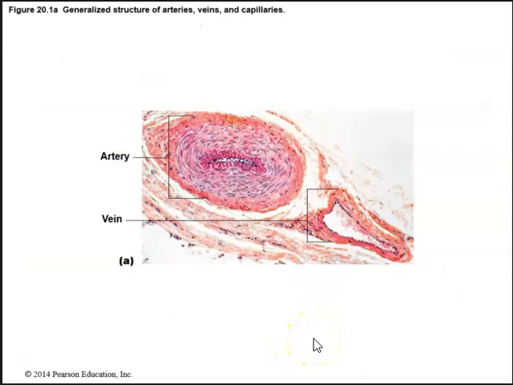Here we see a slide of a typical artery and vein. Again, we can see that distinctive, very thick tunica media within an artery, a lot thicker compared to the thinner walled vein. And if you get to actually handle cadaver sections, you'll feel that arteries are a lot springier, a lot thicker compared to the thinner walled veins.